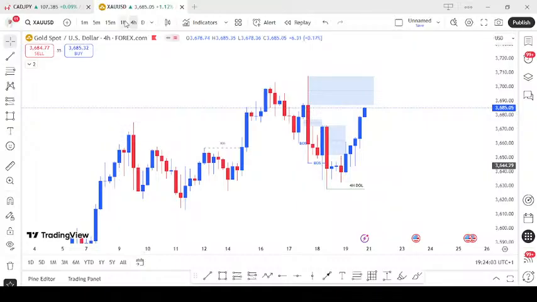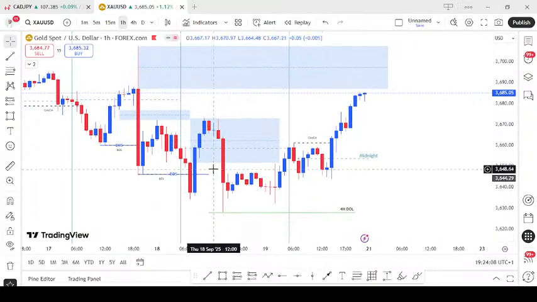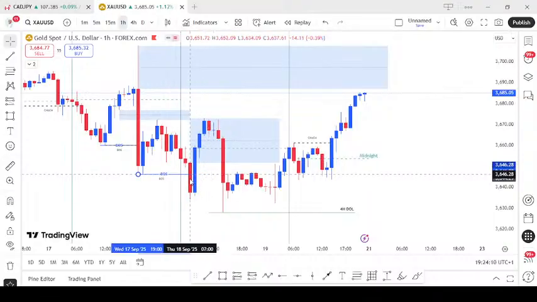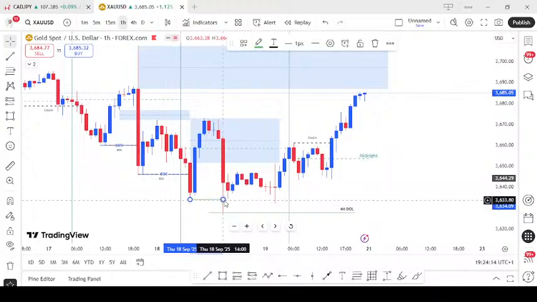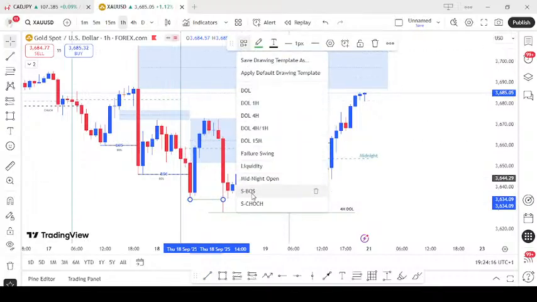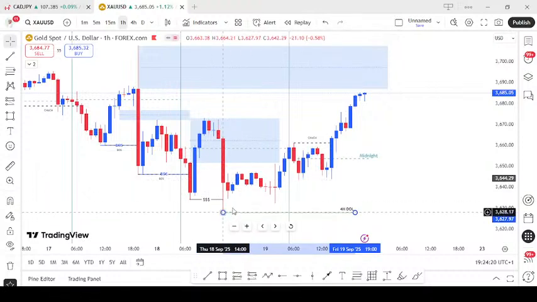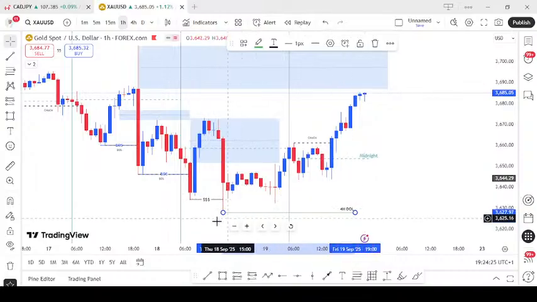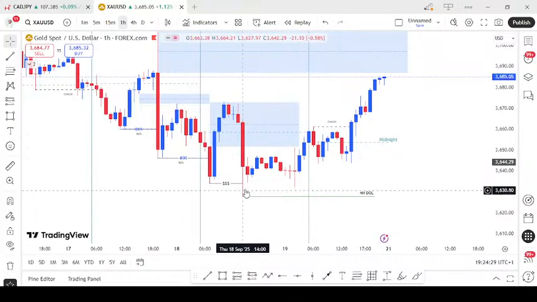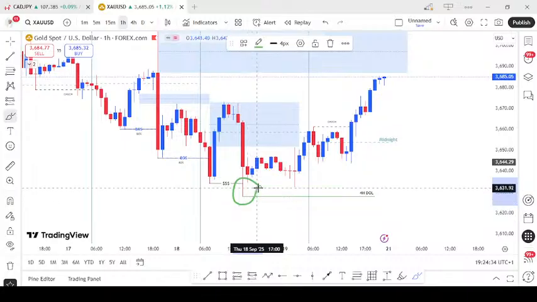So now I'll move to the 1 hour to see what the 1 hour is saying. At the 1 hour, you can rearrange here. This is your break of structure. This is the last. You can see at this point price liquidated this place here. So this is liquidity. Now what is price doing at this point in time?